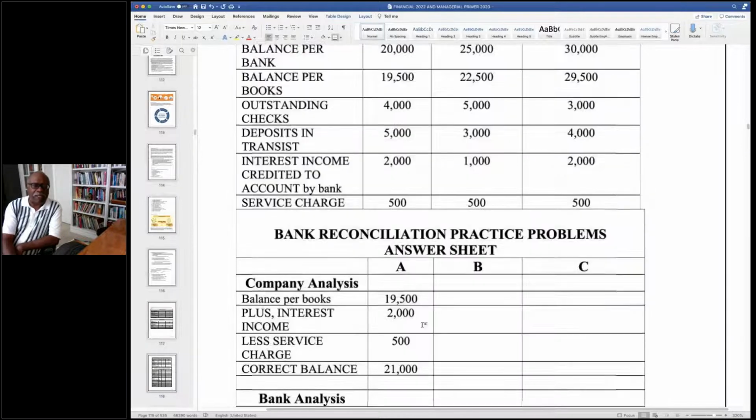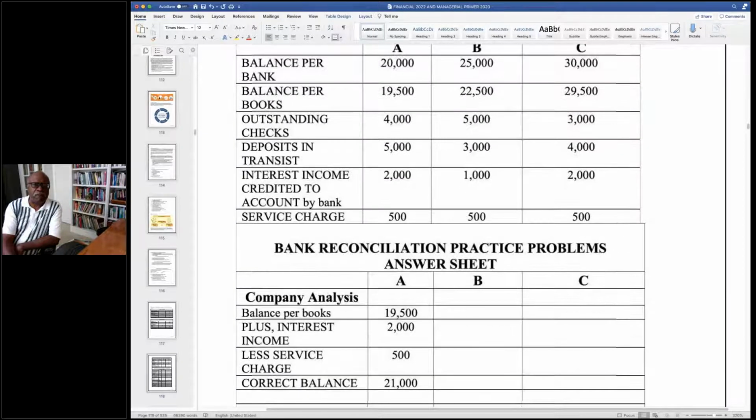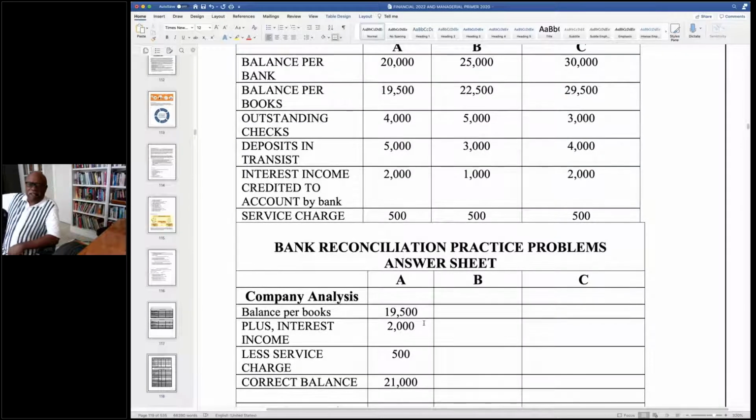All right, let's do B then. So now you know how to do it. Let's go and do B, starting with the company analysis and then moving on to the bank analysis. What do you have on this line? 22,500.